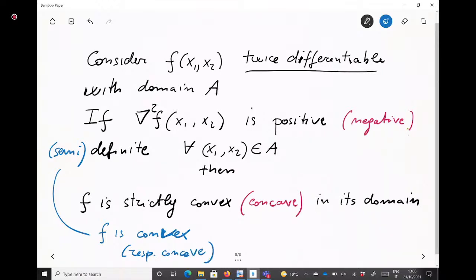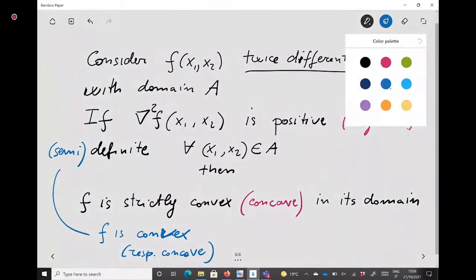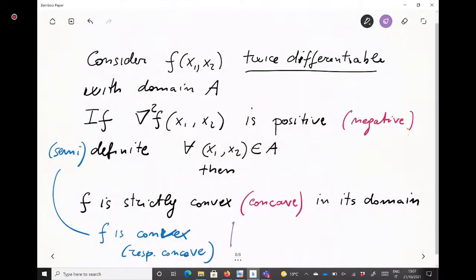The Hessian matrix has the same information content as the matrix of a quadratic form, okay? Is that clear? The Hessian matrix of the function, provided that what we see holds for any point of the domain, has the same information content as the matrix A of the quadratic form.